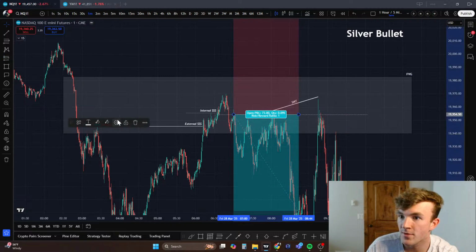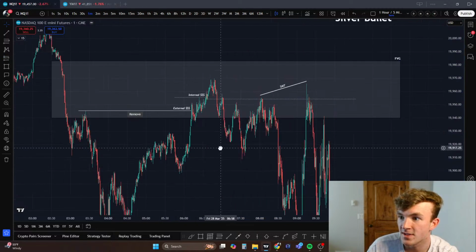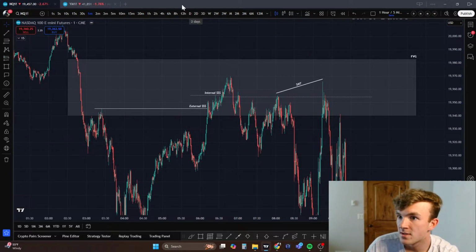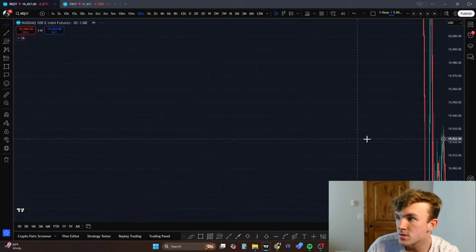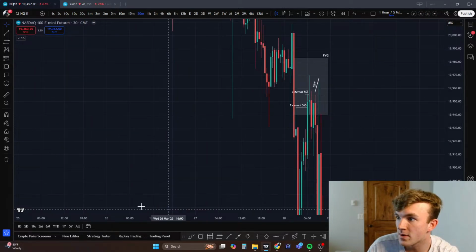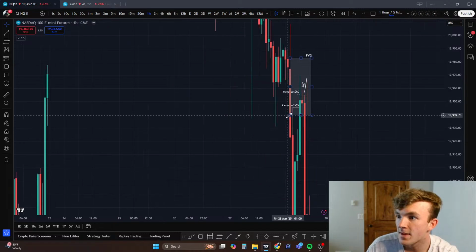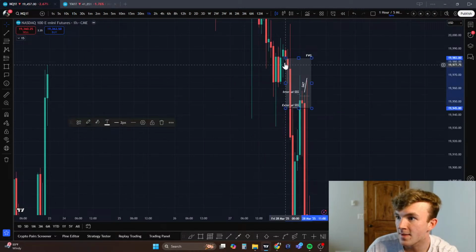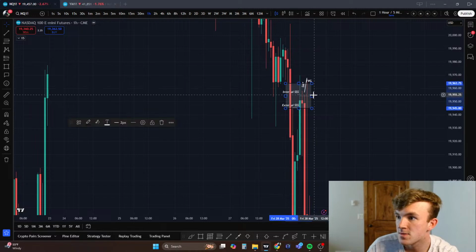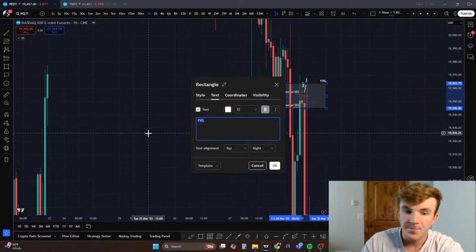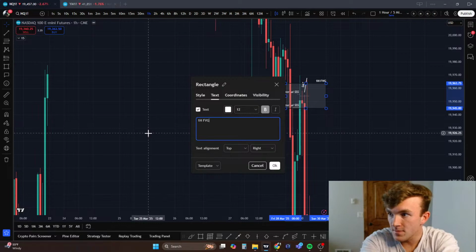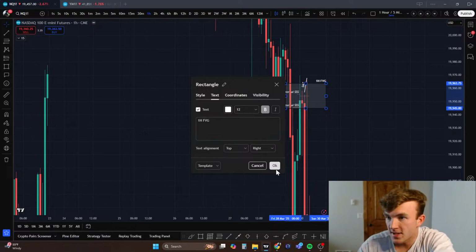Or maybe you'd want to wait for a more obvious change of state delivery. Oh, I wonder if this is more like an hourly fair value gap. Yeah, definitely more of an hourly fair value gap than a 15-minute one. So you'd probably use this as an hourly fair value gap.